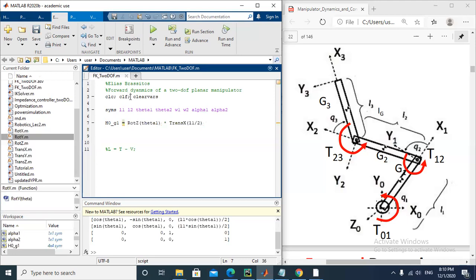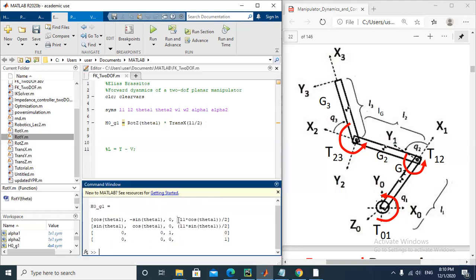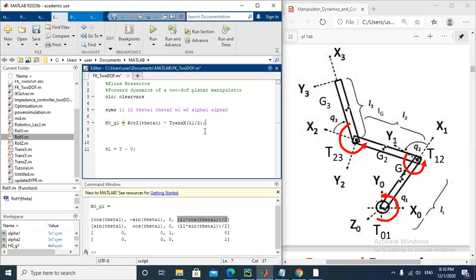Clear figures doesn't need to apply now because we don't have any figures yet. All right, there you go. This column is going to be the position of my point G1. This is how I can quickly capture the position of the center of gravity. This one is simple kinematics, but if it's more complicated, then your transformations will help you a lot.